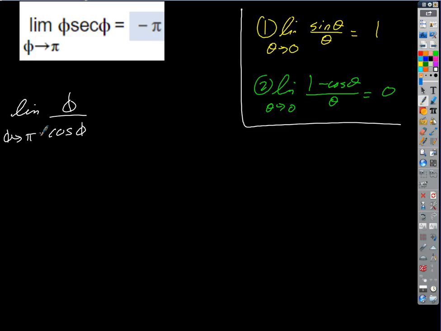Okay, so what do we get there? We don't get 0 over 0, do we? On the top we get pi. On the bottom we get cosine pi, which is negative 1, you're right. So what's our answer? Yeah, we're done. Right? We're done.